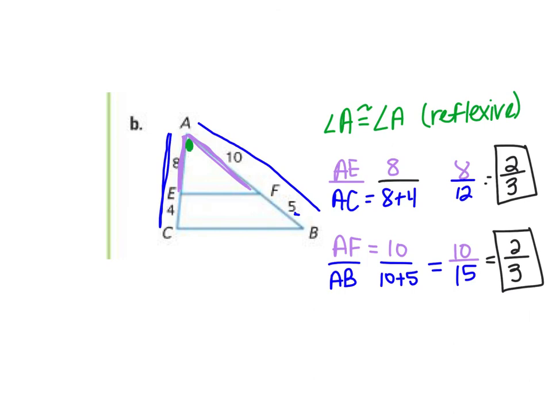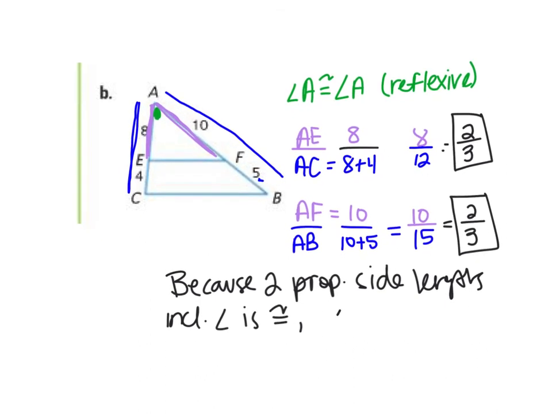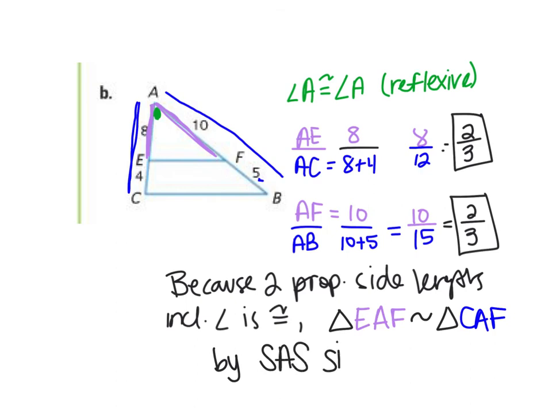Okay, so because we have two proportional side lengths and the included angle is congruent, then we know that triangle EAF would be similar to triangle CAB by our side angle side similarity.